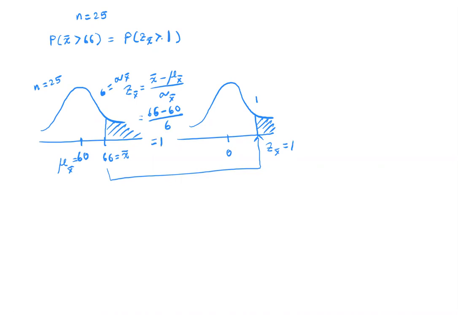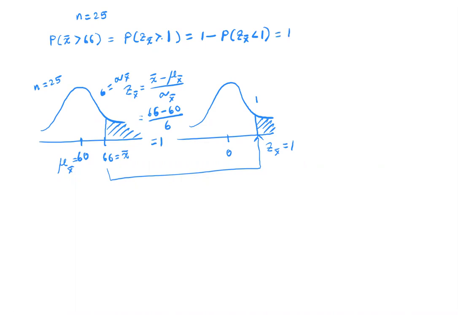So the probability that the average of 25 people is greater than 66 is the same as z sub x bar greater than 1. That is the same as 1 minus the probability of z sub x bar less than 1, which you can find.